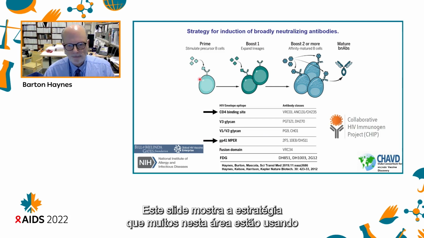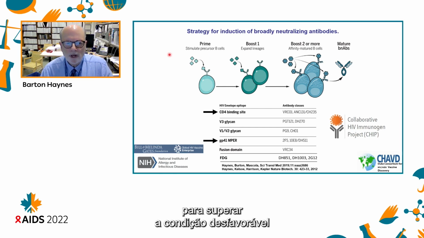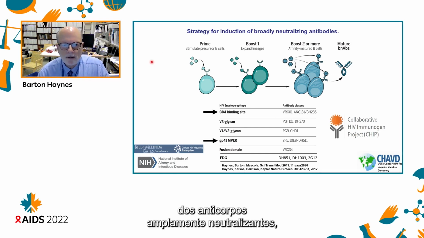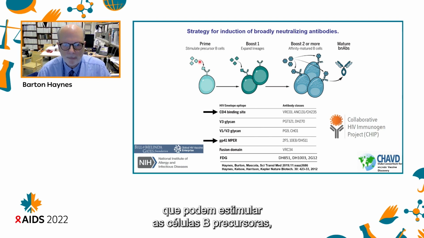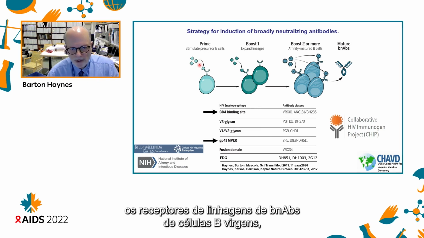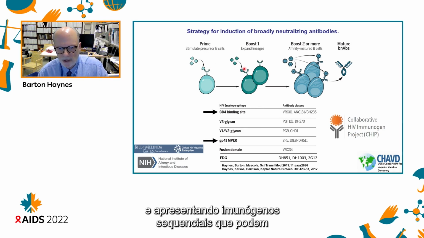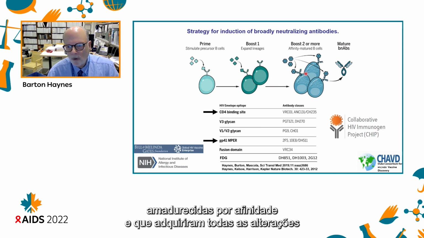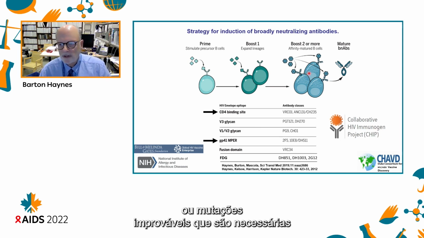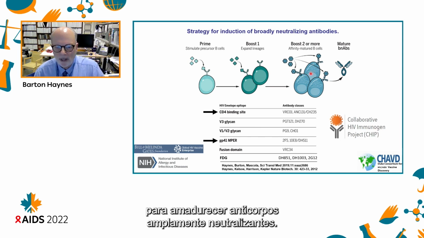This slide shows the strategy that many in the field are using to overcome the disfavored status of broadly neutralizing antibodies: designing and developing envelope immunogens that can stimulate the precursor B cells, the naive B cell receptors of broad neutralizing antibody lineages, and then coming in with sequential immunogens that can expand these lineages and then select for B cell receptors that are affinity matured and have acquired all the changes or improbable mutations that are needed for mature broadly neutralizing antibodies.